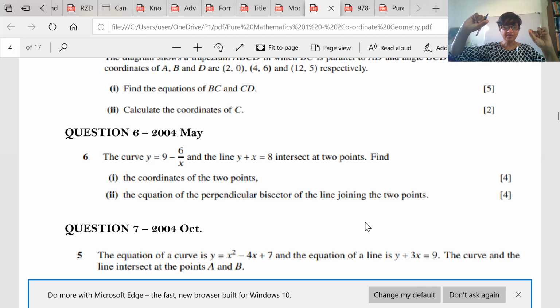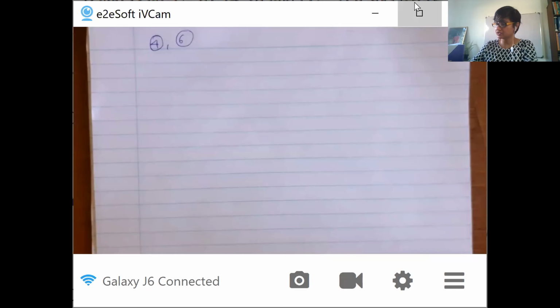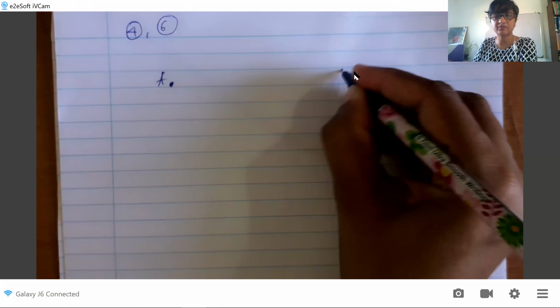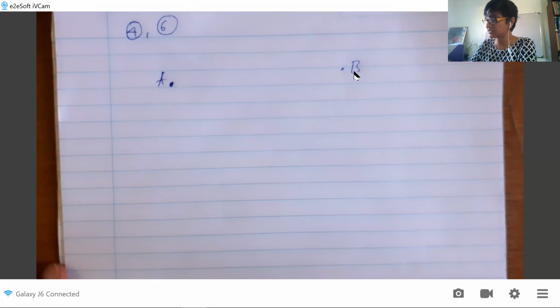Then they say to find the equation of the perpendicular bisector of the line joining these 2 points. What is the perpendicular bisector of the line joining A and B?